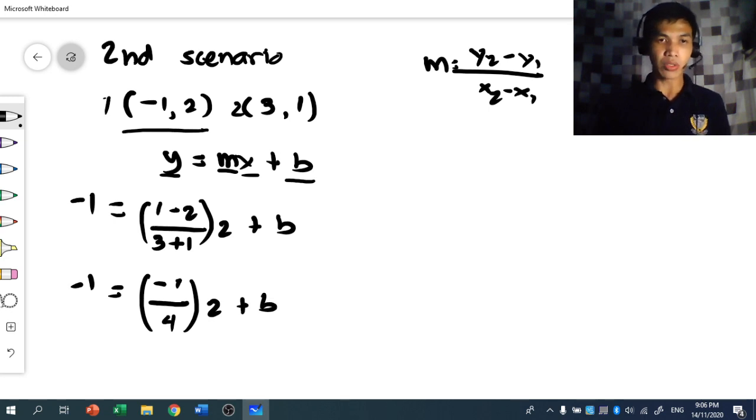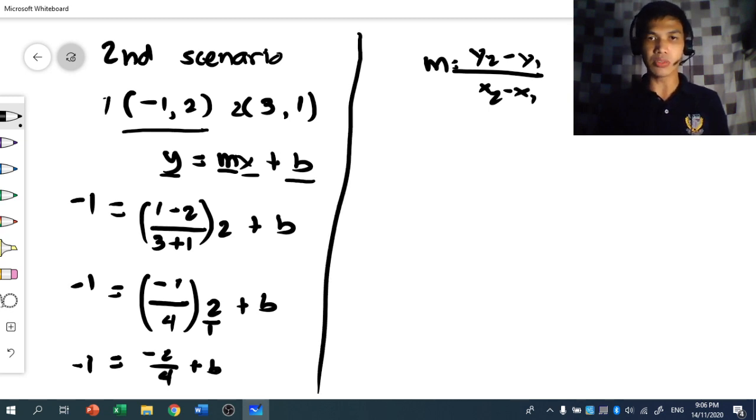Okay, so multiplying a whole number to a fraction. A whole number always has 1 as its denominator. Then, we just need to multiply numerator to numerator, denominator to denominator. So let's continue. -1 is equal to -1 times 2 equals -2 over 4 times 1, that will become 4, plus b.